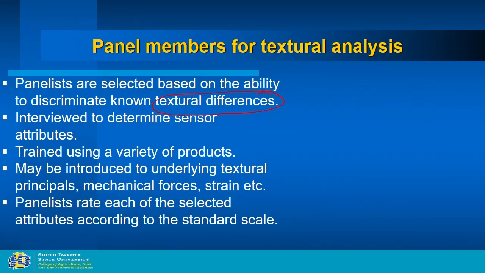At least we need to give them training in terms of what this means and what I am doing, so that they will have the same language down the road. We need to make sure they get interviewed to determine their sensing attributes, whether all of them are able to sense everything. If they are color blind, obviously you don't want to ask them to test the color or appearance.